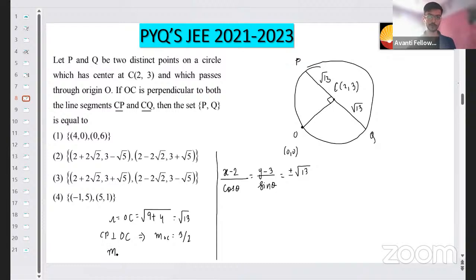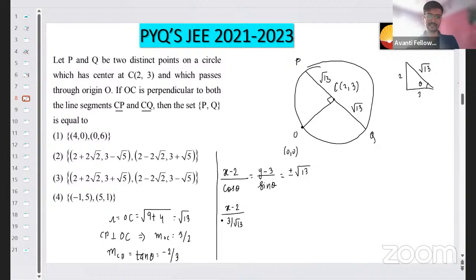So the slope of CP, which is basically tan theta, will be -2/3. Correct? So if tan theta is -2/3, this is theta, tan is 2 by 3. What is the hypotenuse? This square plus this square, root 13. So what is cos theta, guys? As you can see from the triangle, (x minus 2) upon cos theta will be 3/√13.